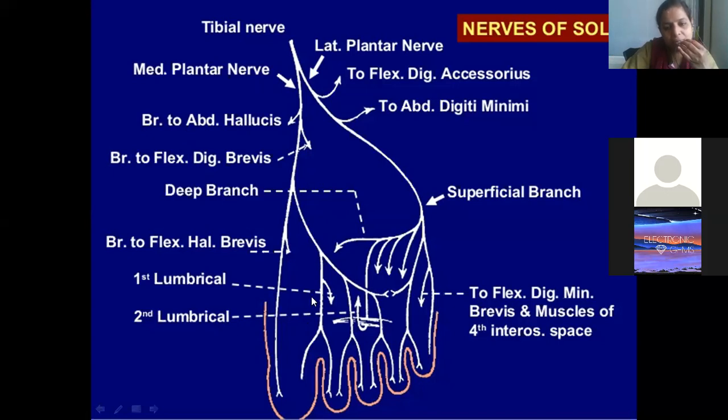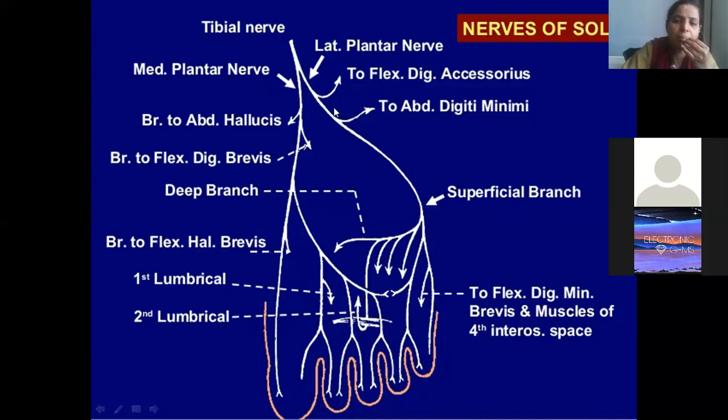The lateral one gives branches to the common plantar digital nerves, which are 3 in number. CP is the word I asked you to remember, C and P. Common plantar nerves divide at the interdigital clefts into proper plantar digital nerves. Here you can see the first two lumbricals are supplied from these branches. So that finishes the medial plantar nerve.